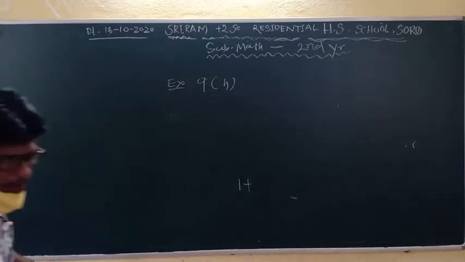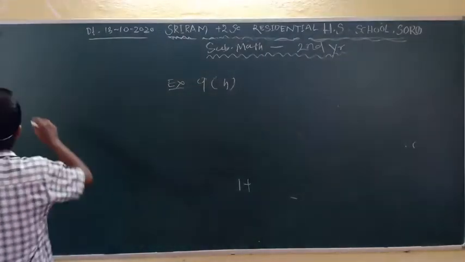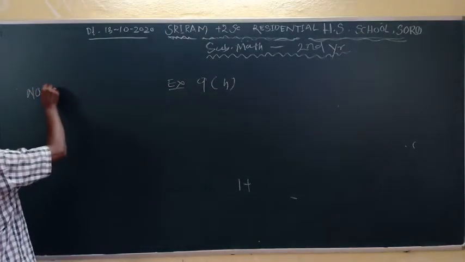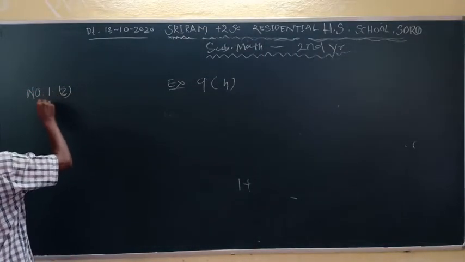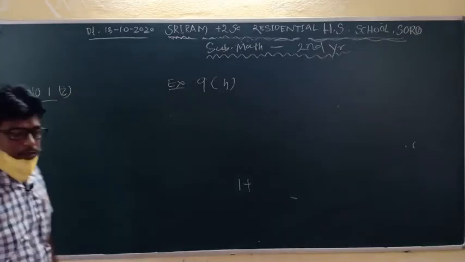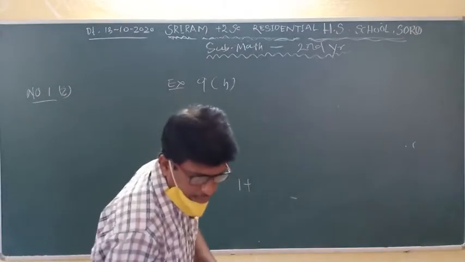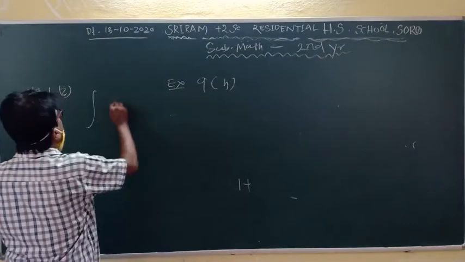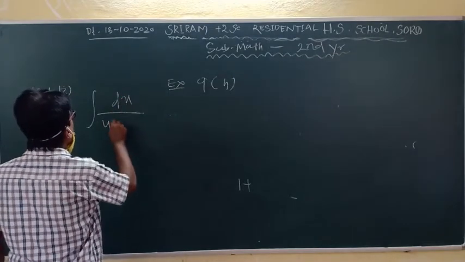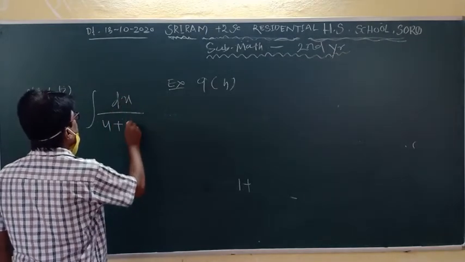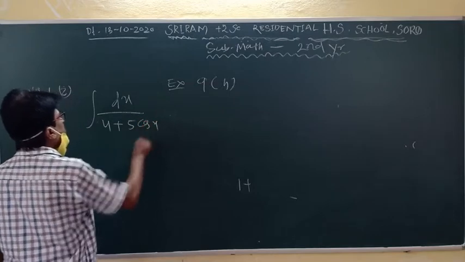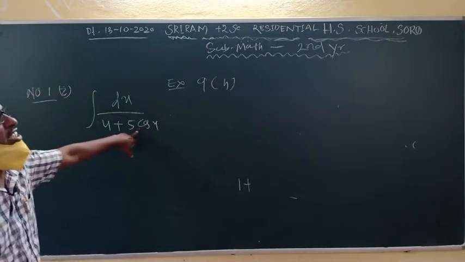Now I am discussing number 1I. You look seriously. That problem is dx by 4 plus 5 cos x. Here it is cos x, not sin.